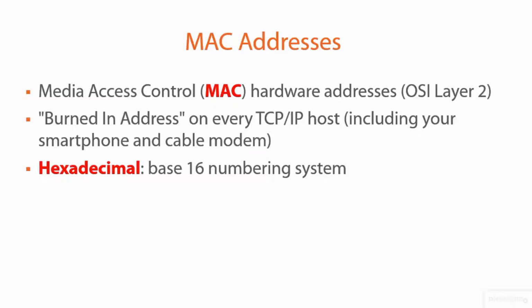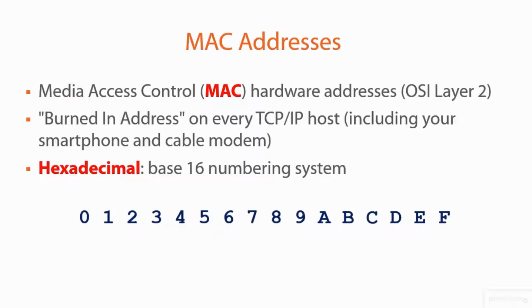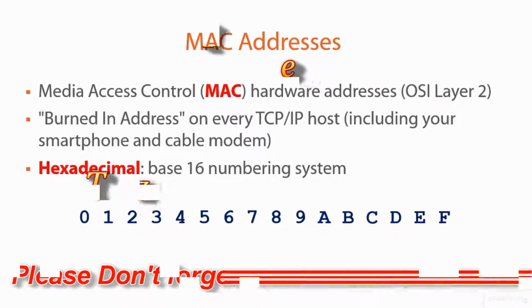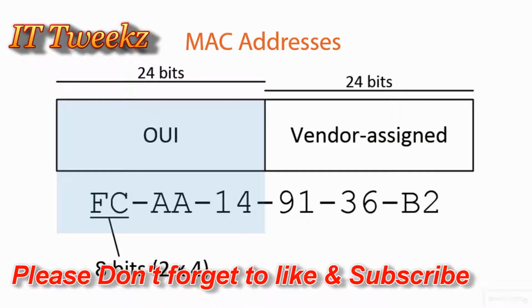The numbering system for MAC addresses is different from what we use in terms of base 10 decimal. We use a larger number system, hexadecimal or base 16, because MAC addresses are a lot longer than most decimal numbers that we deal with. The base 16 means that the first 10 places go from 0 to 9, and then places from 11 to 16 are represented as A, B, C, D, E, F. Here's an example of a MAC address.